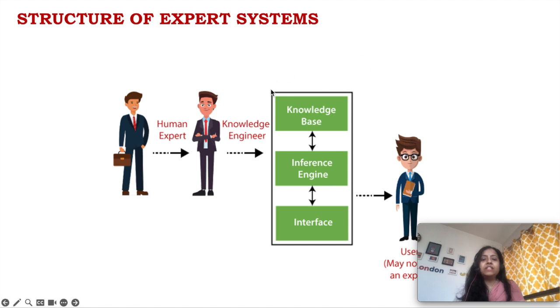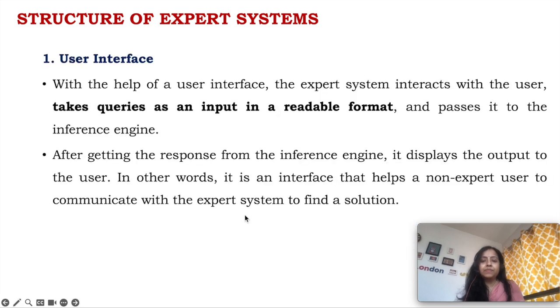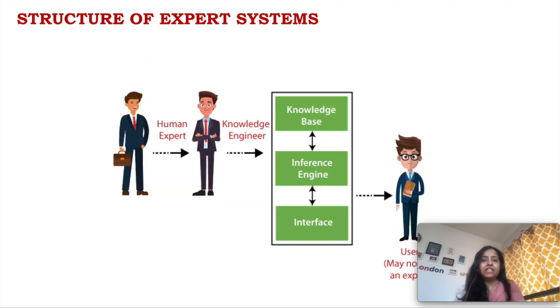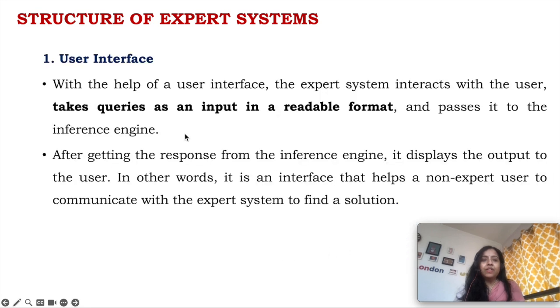Let us go inside this box and see what the main components of an expert system are. First, we come to the user interface. With the help of a user interface, the expert system interacts with the user, takes queries as an input in a readable format, and passes it to the inference engine.